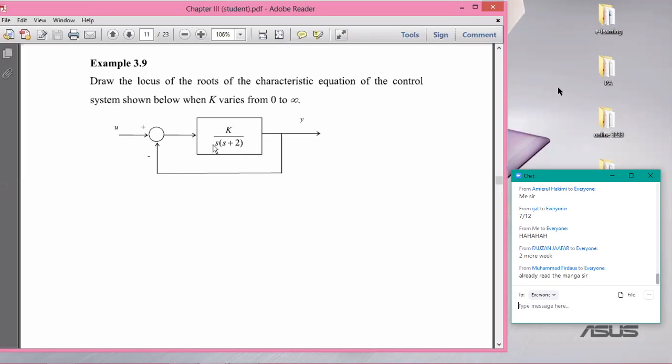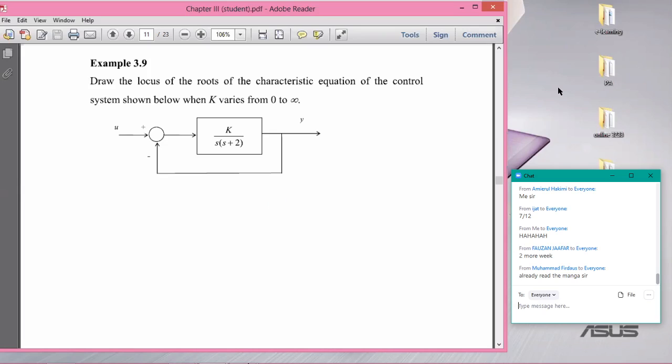In this case, for any value of k, we are going to have two roots. The root locus diagram is the path taken by each root when k varies from 0 to infinity. So your first task is, of course, to obtain the characteristic equation and get the expression for computation of each root.